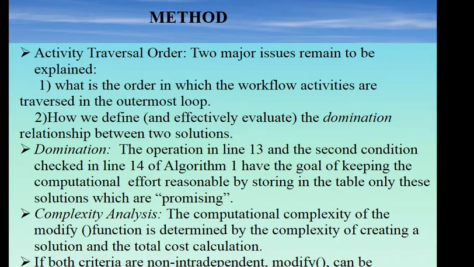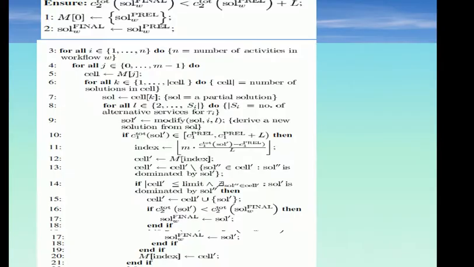In the starting, all the partial solutions are moved to the cell, whereas in this line it just keeps the solutions which are best or final. So based on that, again it calculates. The next would be complexity. Here in the 9th line, they use the modify function to derive a new solution from the existing solution.